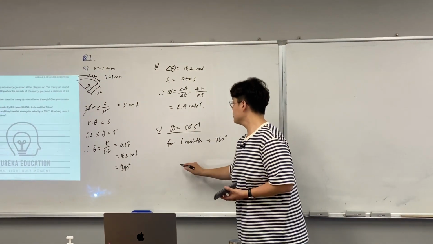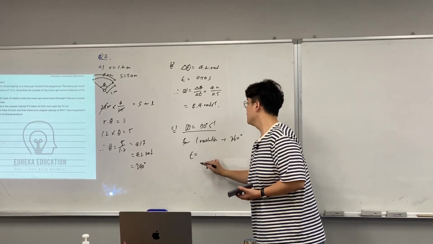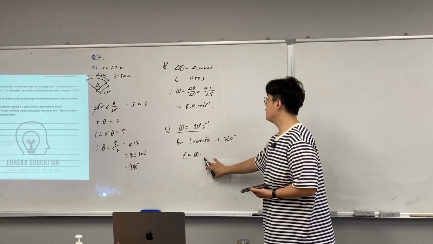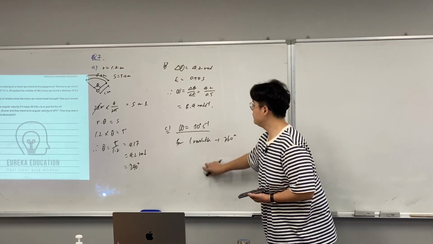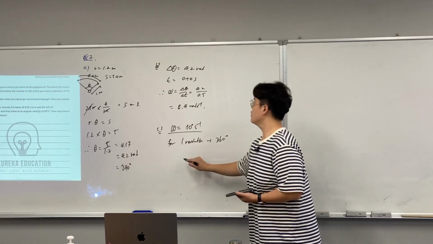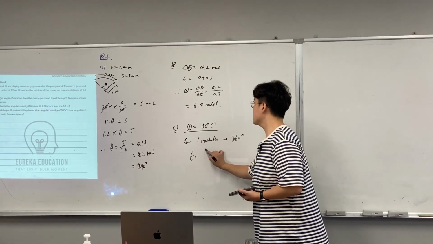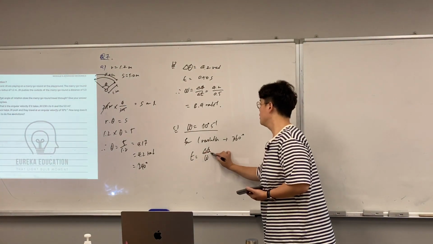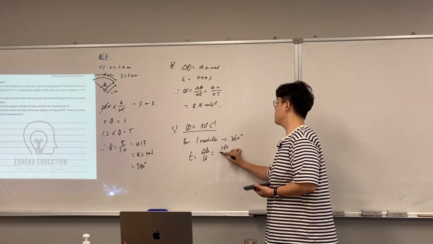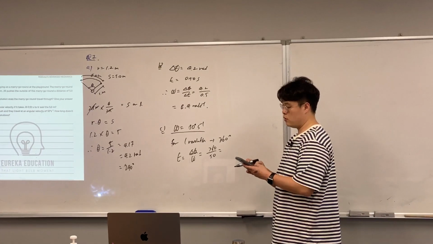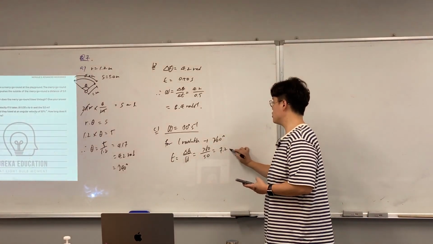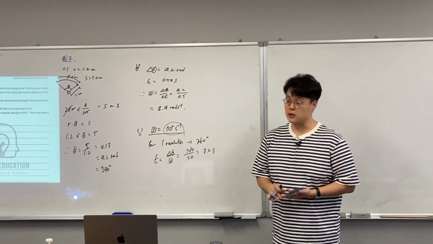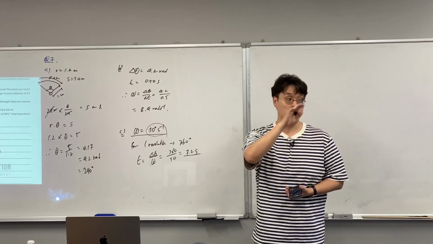The time taken t is the angle divided by the angular velocity, so for 1 revolution, 360 divided by 50. That gives you a time taken of 7.2 seconds. Which means if they're moving at 50 degrees per second, it takes about 7.2 seconds for 1 revolution.